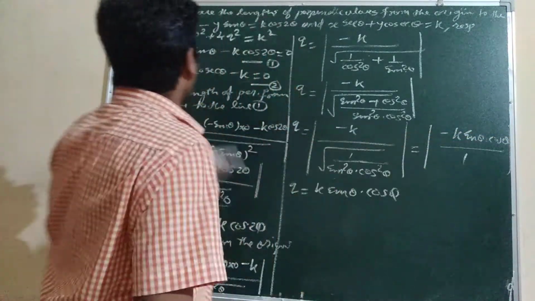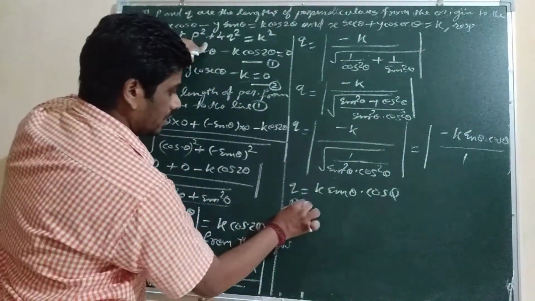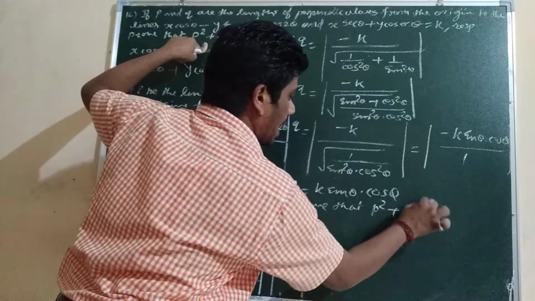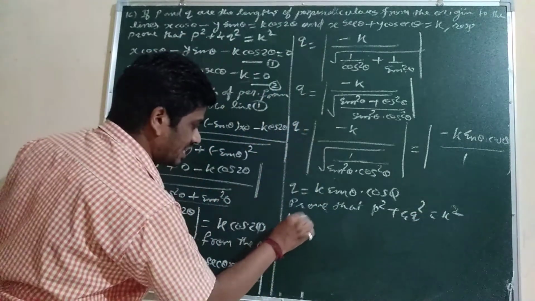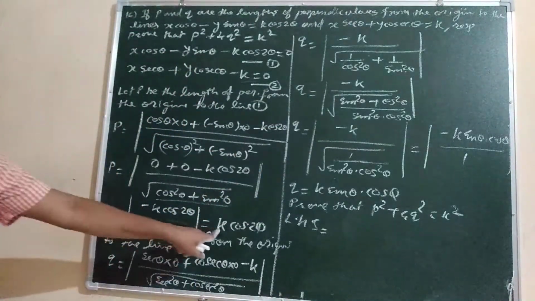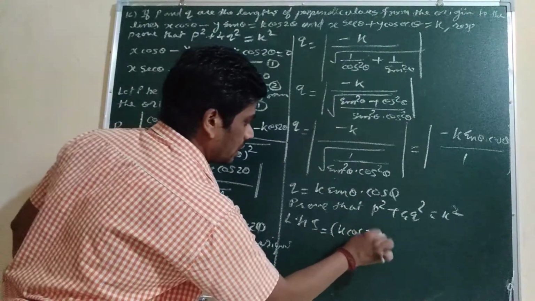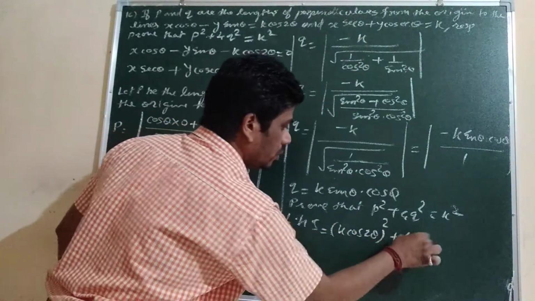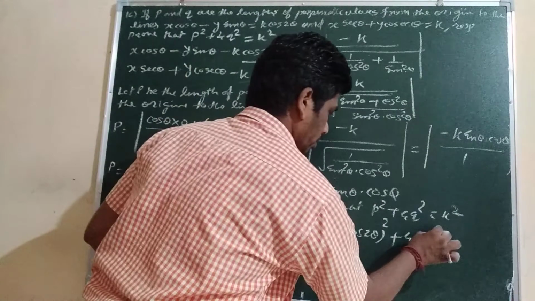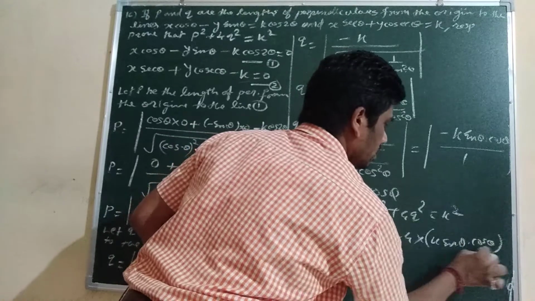Now we will substitute in the left hand side of the given. We have to prove that p square plus 4q square equal to k square. So we take the left hand side. For p square, the p value we got is k cos 2 theta, so we write k cos 2 theta whole square plus 4 into q square, where q is k sin theta into cos theta, whole square.